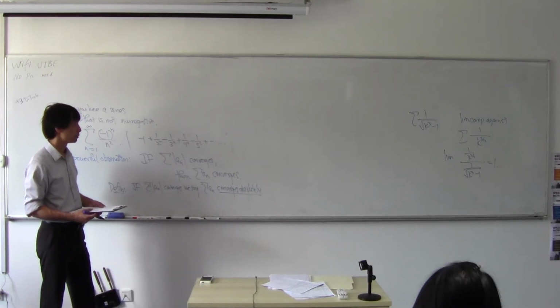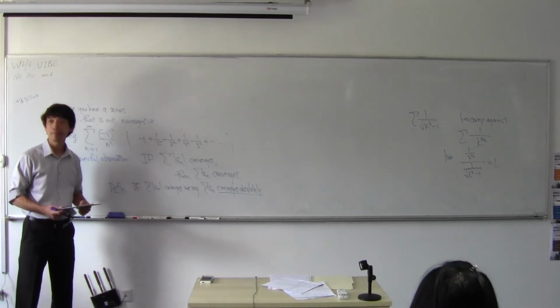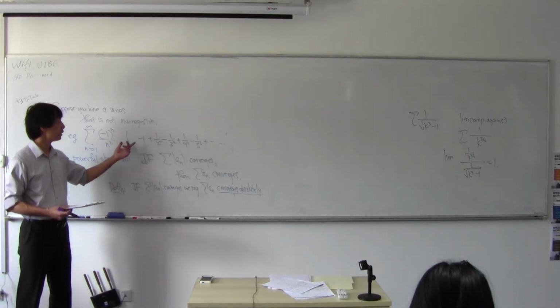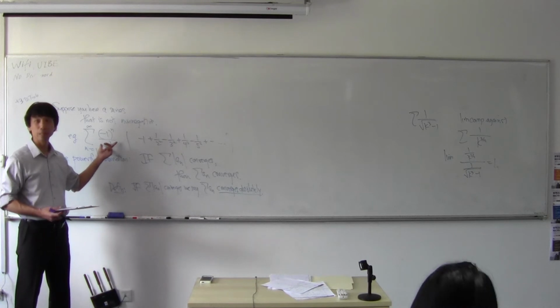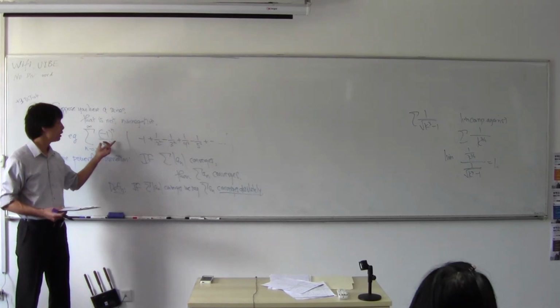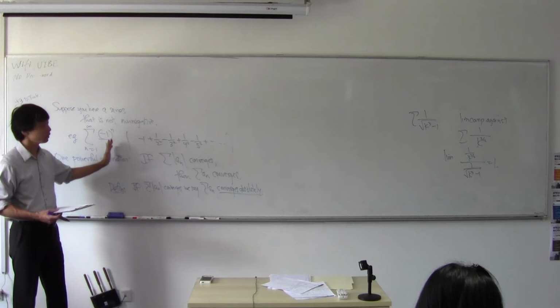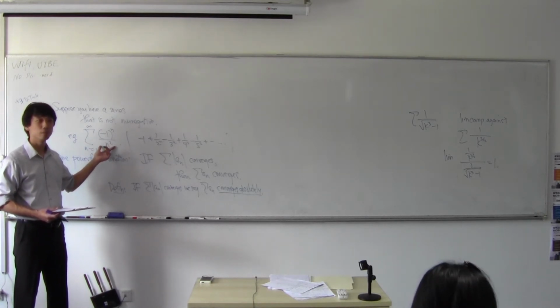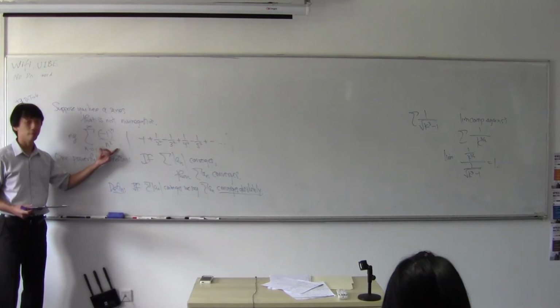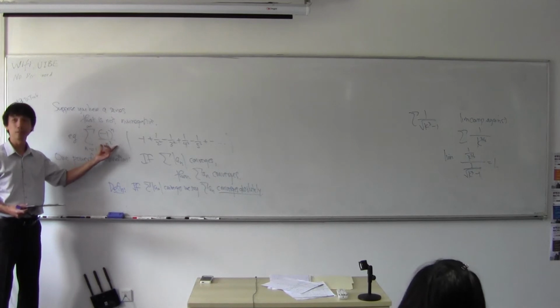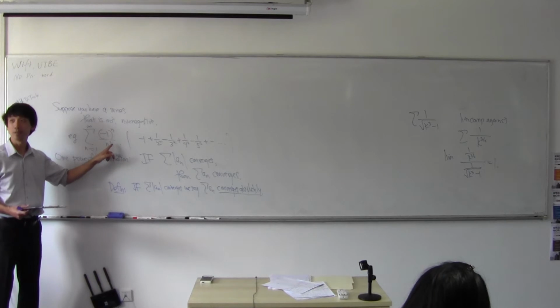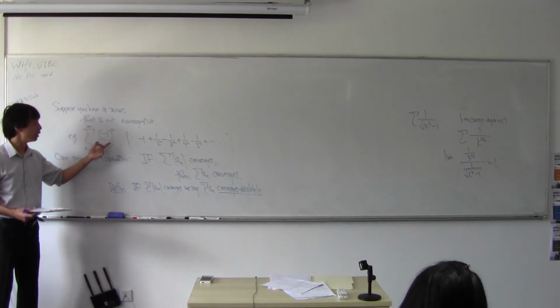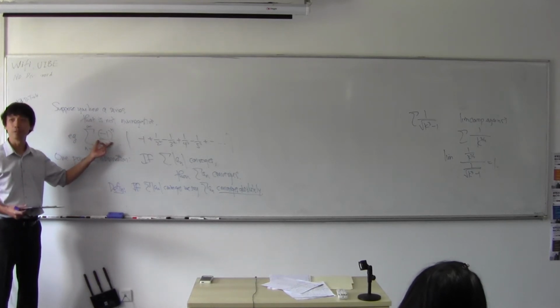Okay, so if we look at this series, you say, well, if I take absolute values of it, what happens? If I take the sum of the absolute values, does this converge? Yeah, right, because it's n squared, so I know that this is going to converge.